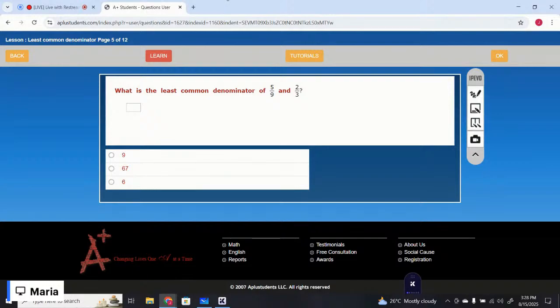What is the least common denominator of 5 by 9 and 2 by 3? That is 9. Option number 1 is the correct option.